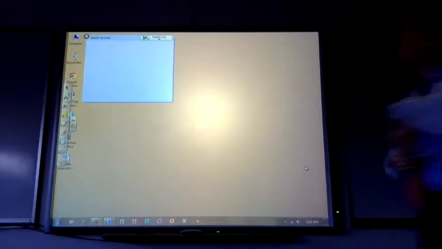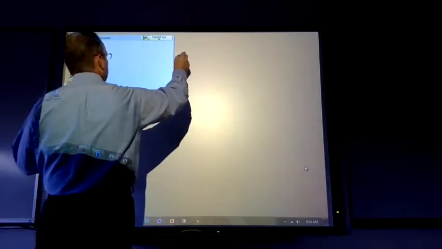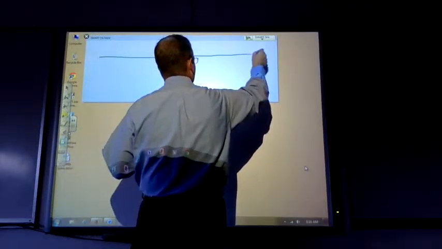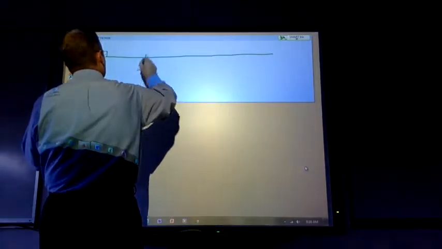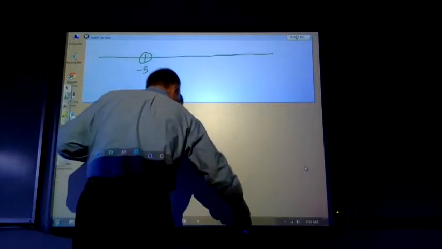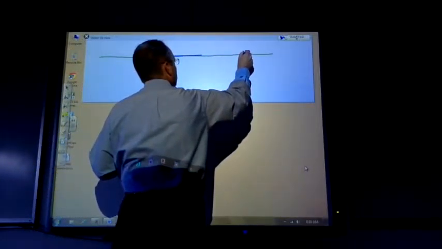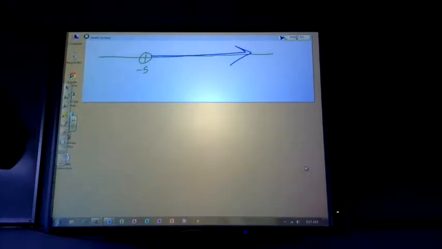Magic. All right. So the first problem, they have the problem like this. They want you to write the inequality for the following.